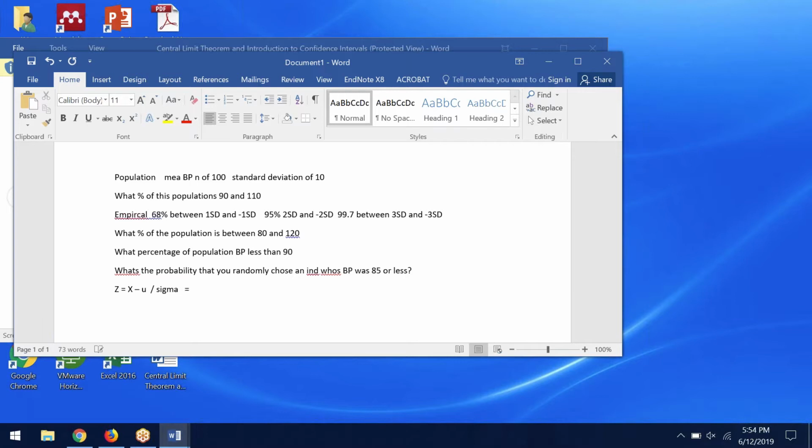So that's 85 minus 100 over 10, which is negative 15 over 10, equal to negative 1.5. So negative 1.5 standard deviations.